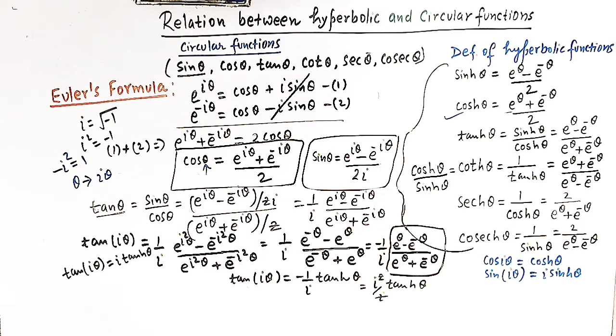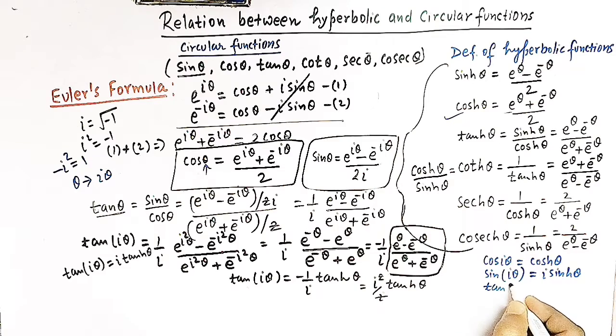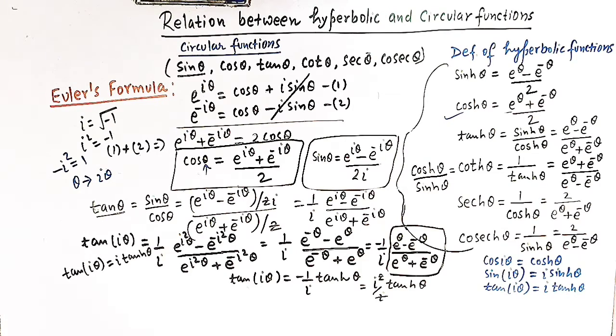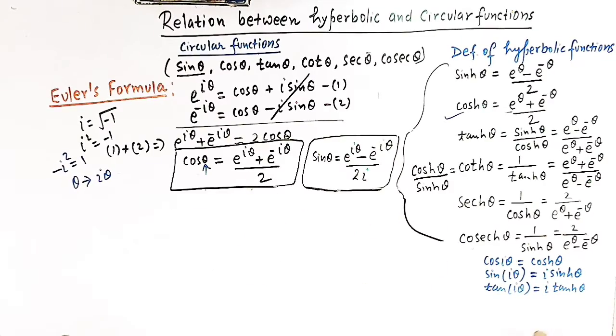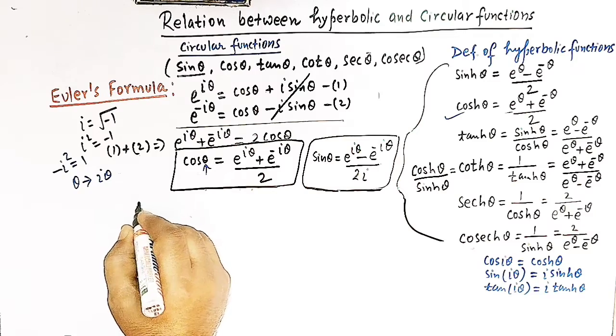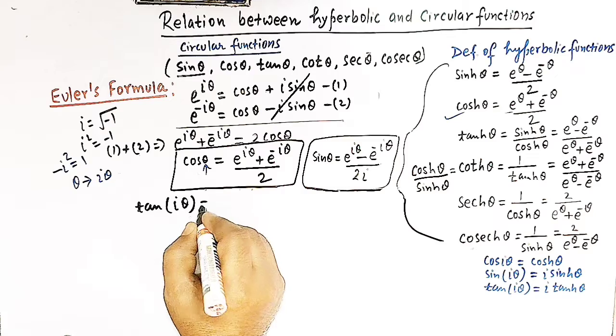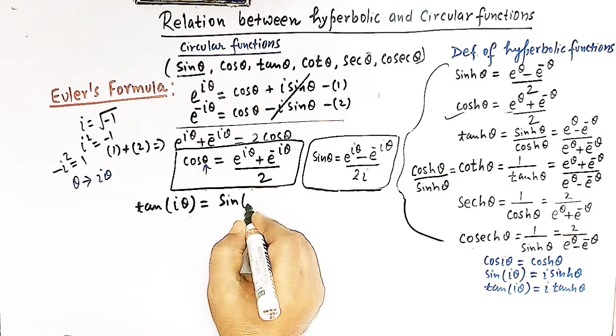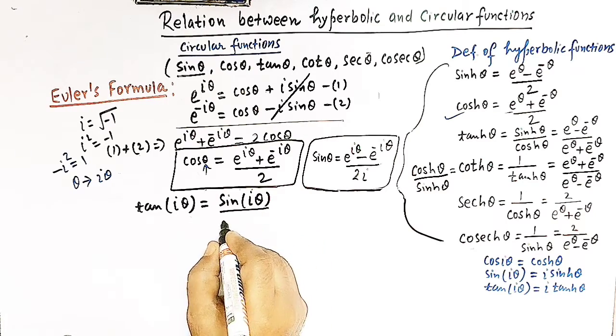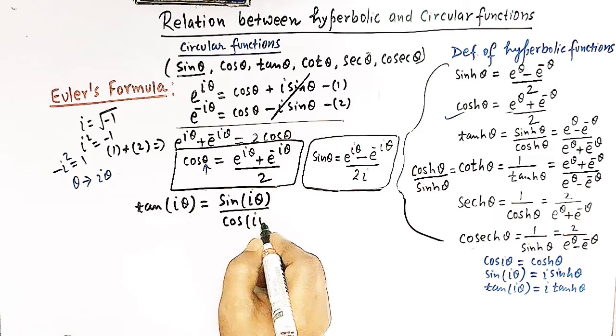So this is the third relation. So here we can now write tangent of iθ is equal to i times the hyperbolic tangent of theta. So now there is another way to derive this relation, right? See, we can directly write tangent of iθ as sine of iθ divided by cosine of iθ.